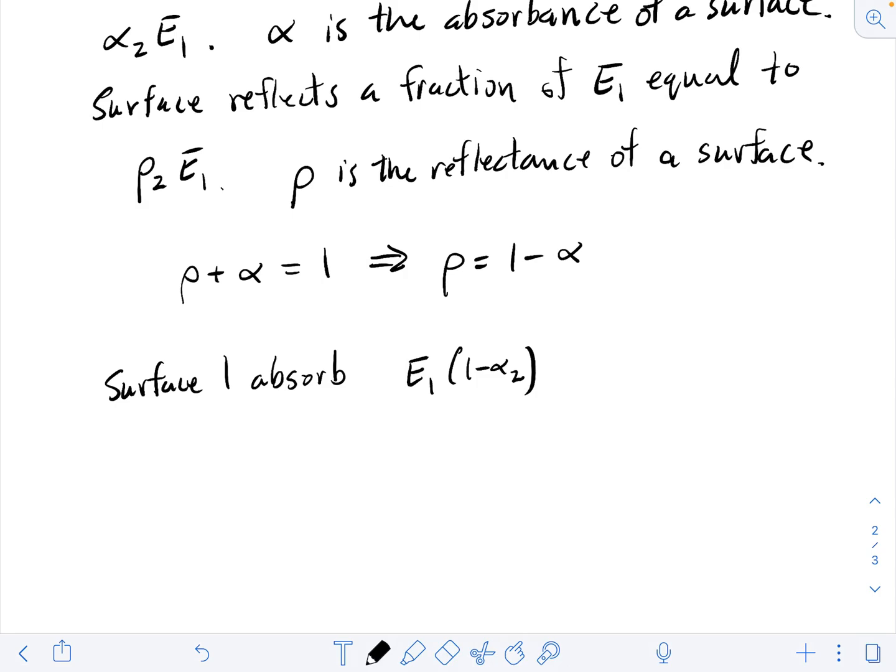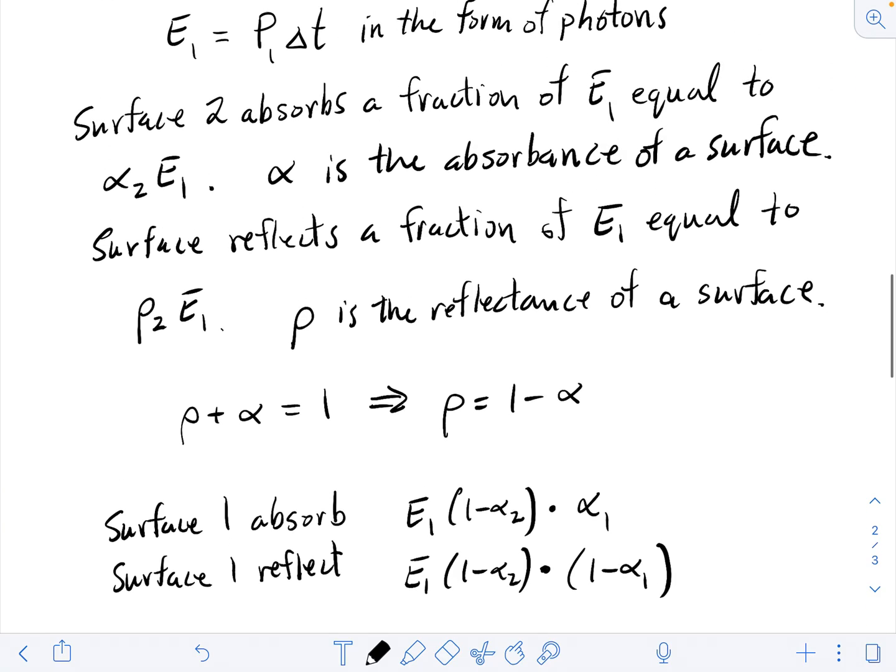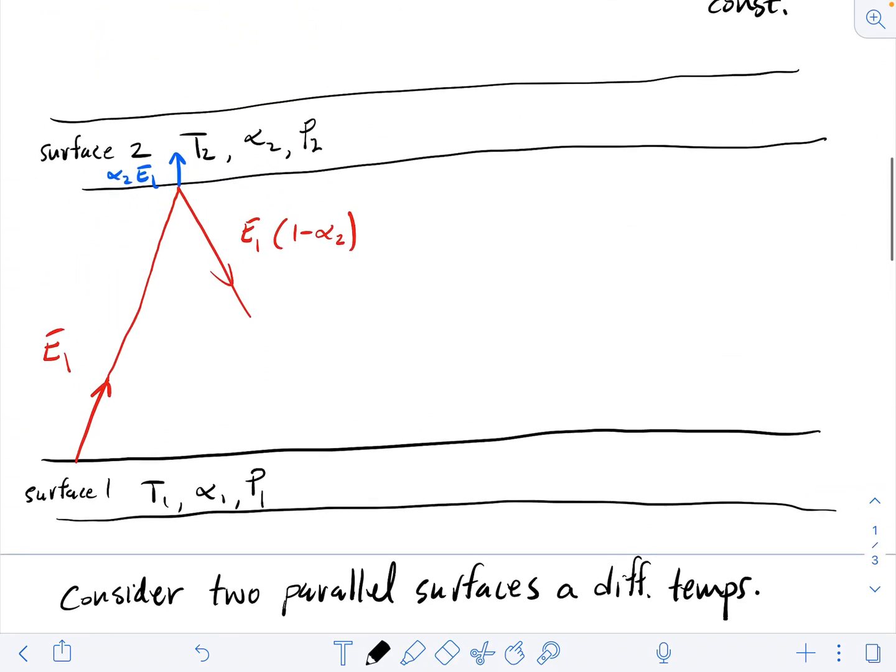There's an incident energy E1(1 minus alpha 2), and the fraction that is absorbed is determined by alpha 1, the absorbance of the first surface. And so surface 1 will also reflect a part of that incident energy, and the amount that is reflected is (1 minus alpha 1) times the incident energy.